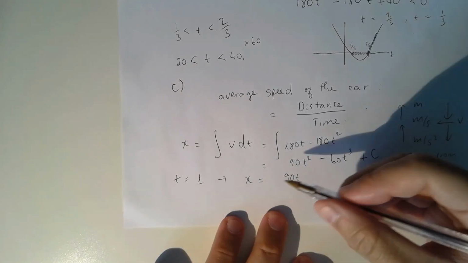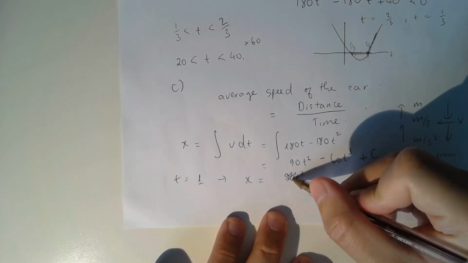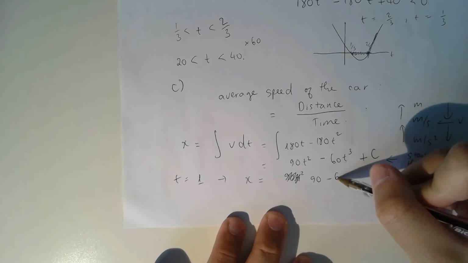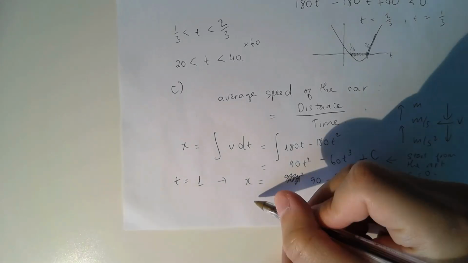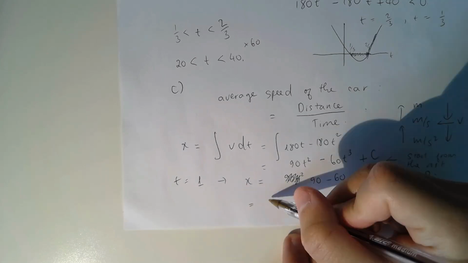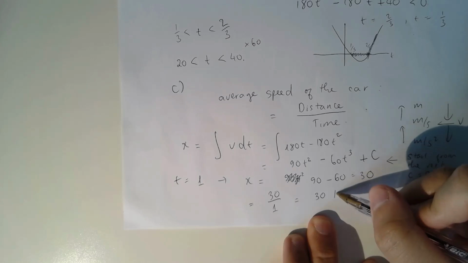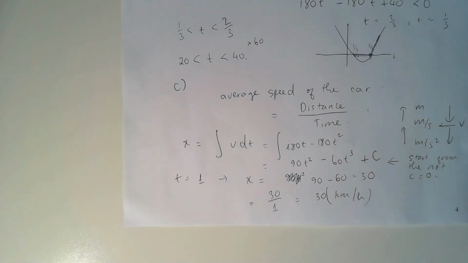Now, t equals 1, x equals 90 times 1 basically. So 90, take away 60, equals 30. Therefore, I have an average speed equal to 30 over 1, which gives me 30 kilometers per hour. Okay, that's done. Part C.